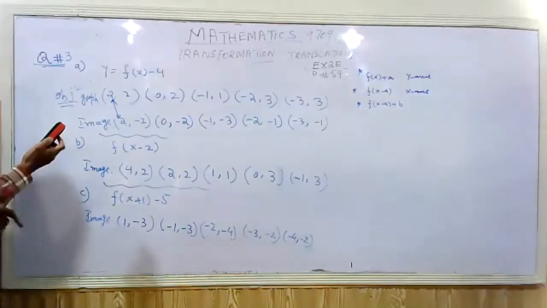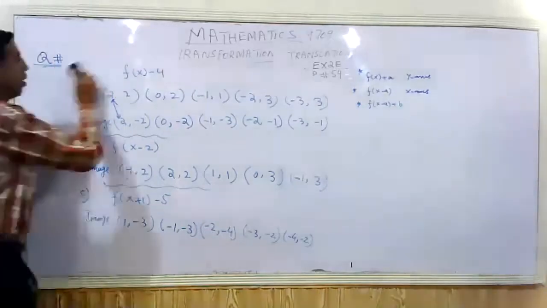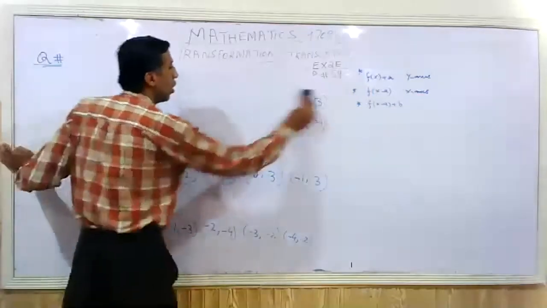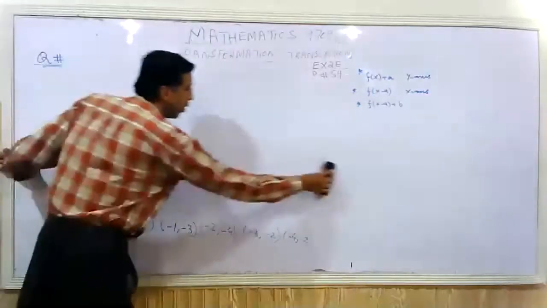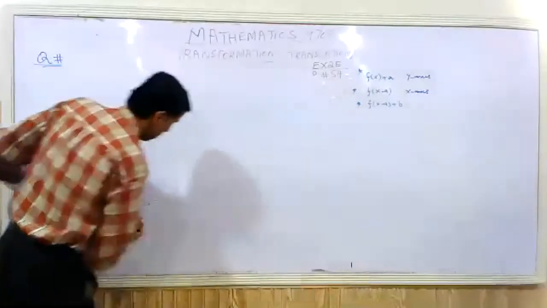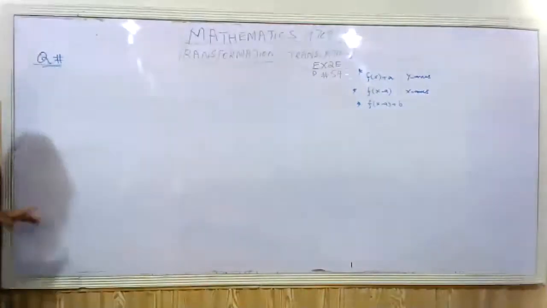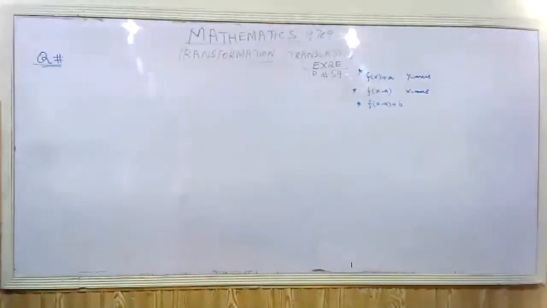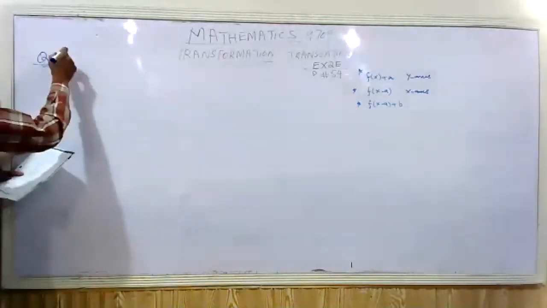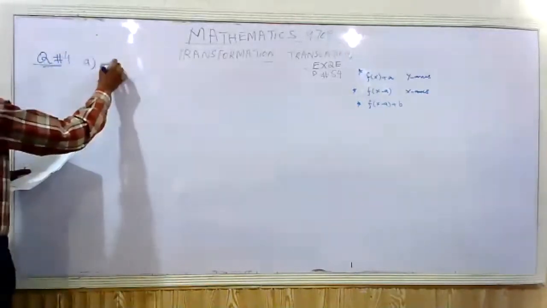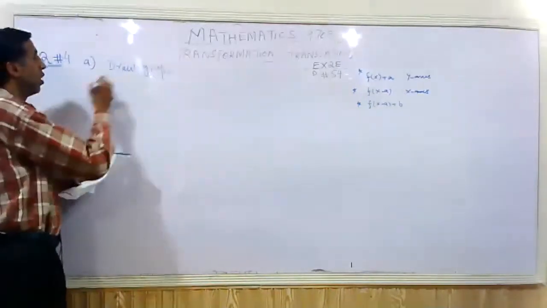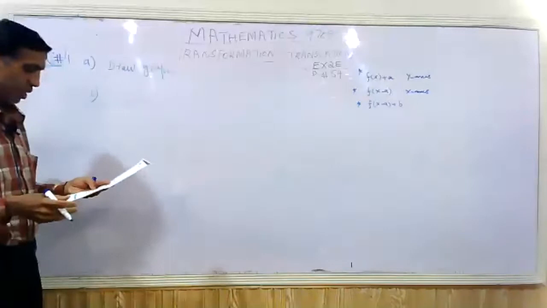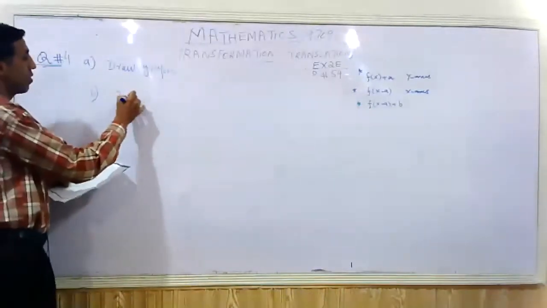The B part I will do here. Question number 4, in A part, draw the graph. It is simple, just like you have done in O level even. In the B part, y equals 2x.